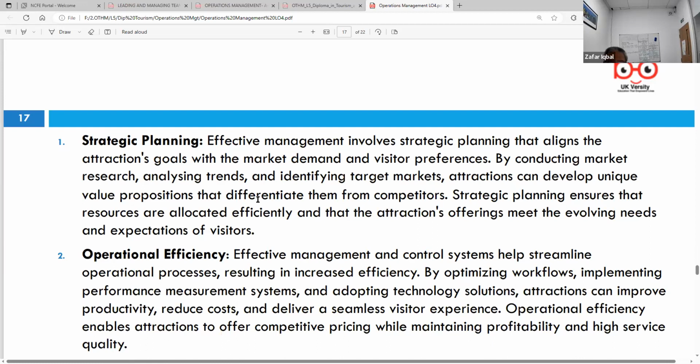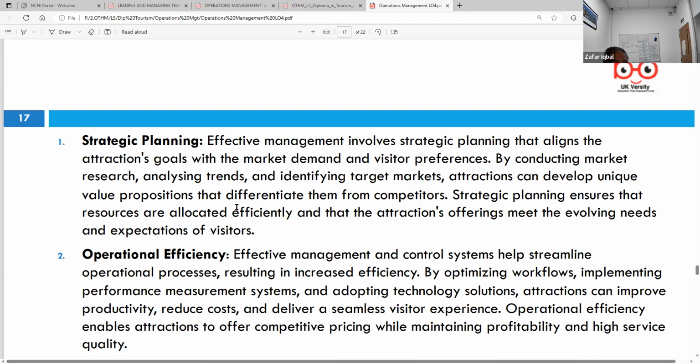Okay, strategic planning involves a lot of things: marketing, financial, human resources, all the long-term aspects, looking at the competitors, resources and how they are efficiently used.